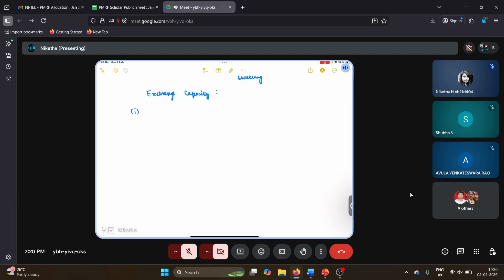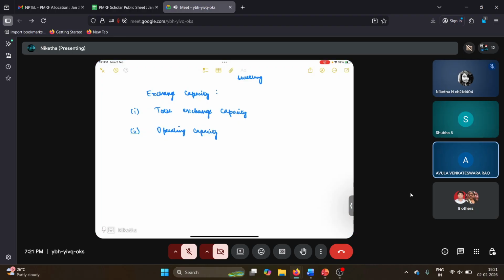The first one is total exchange capacity, and the second one is operating capacity. Can someone tell me the difference between these two?